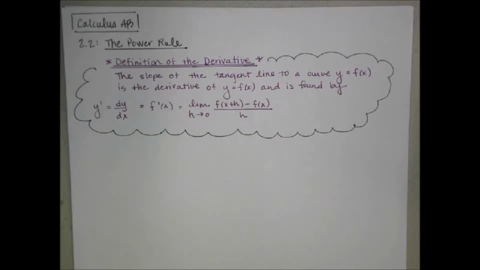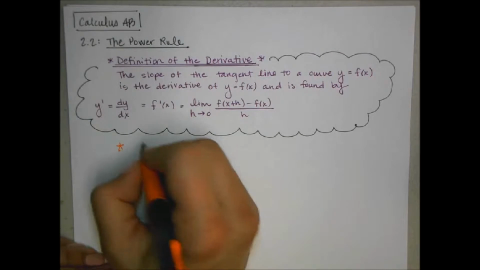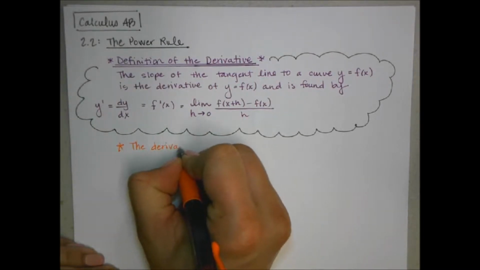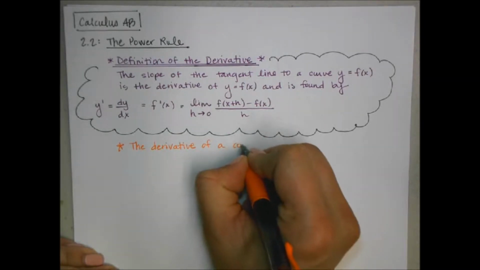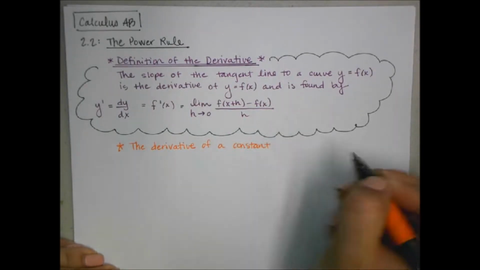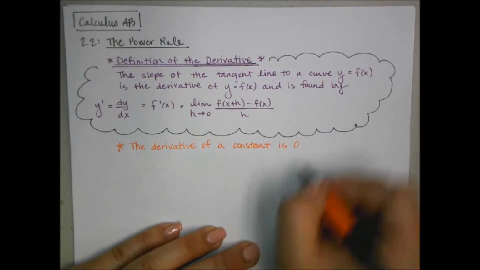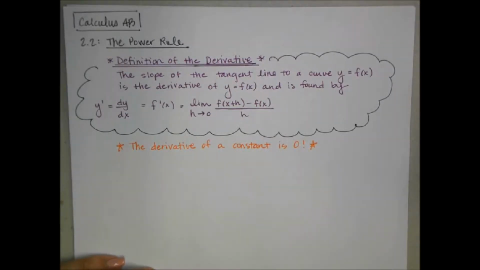So one of the first shortcuts we have is the derivative of a constant. The derivative of a constant is always 0. That's a nice little shortcut.